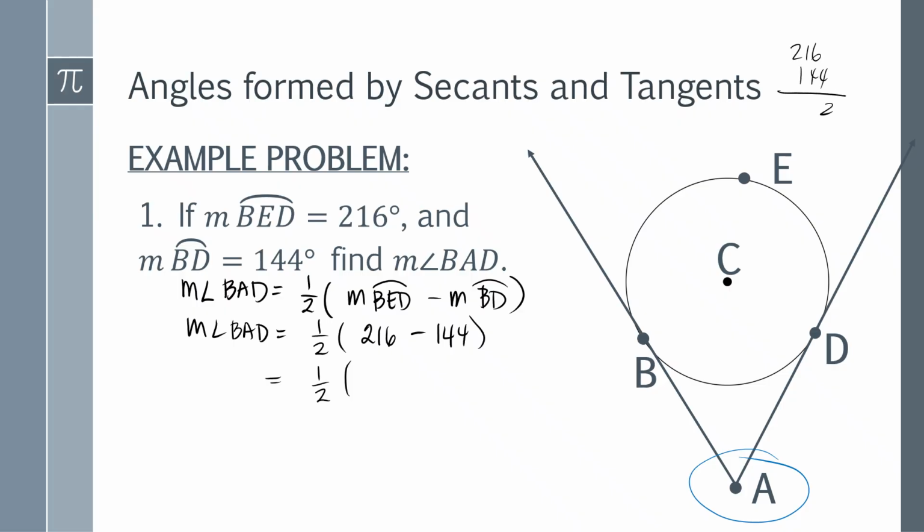216 minus 144 is 72. So half of 72, the result, which is the measure of angle BAD, is equal to 72 divided by 2, which is 36 degrees.